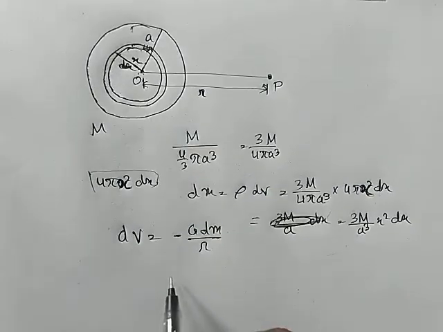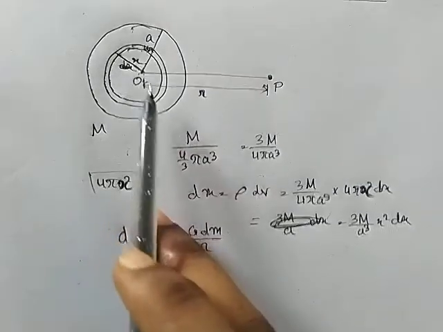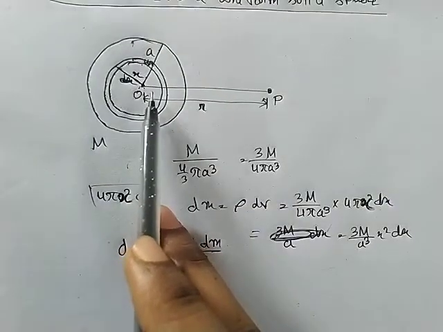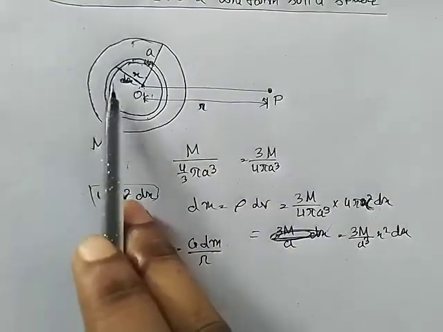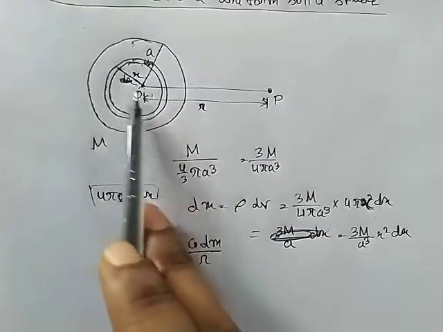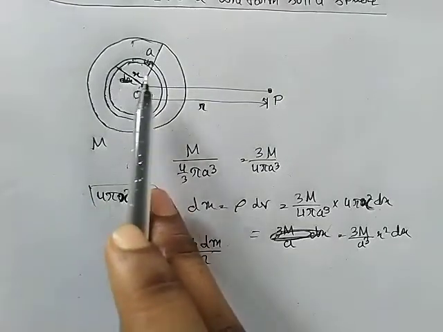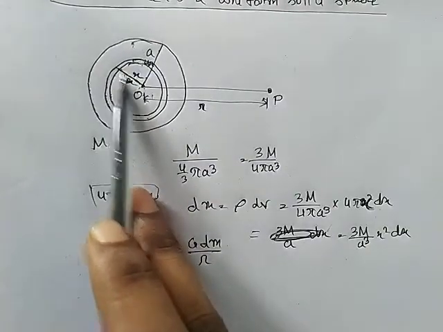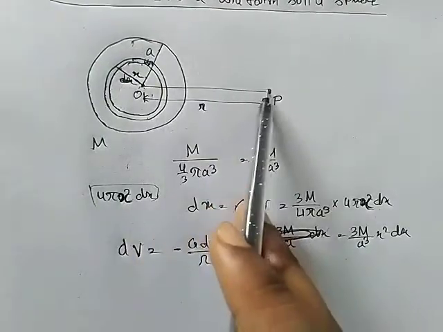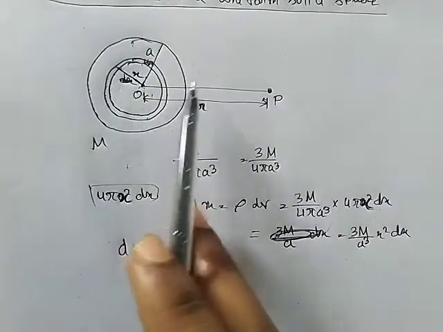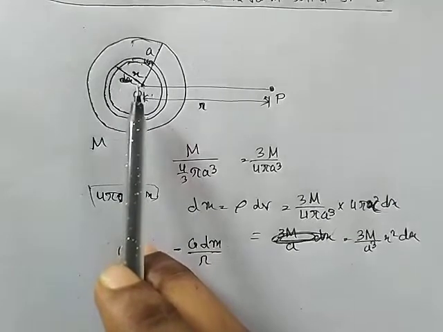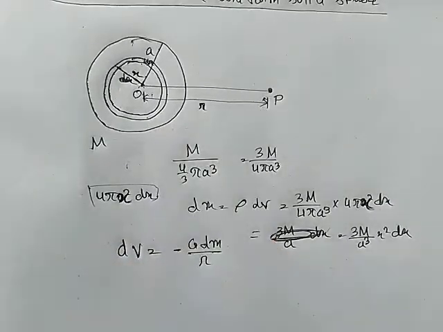We have seen for a hollow spherical shell that if the point is inside this shell, then the potential is equal at any point inside the shell, and that is minus GM by r, where r is equal to the radius of this shell. And when it is outside, it's equal to minus GM by r, where r is the distance between the center of that sphere and that point P.